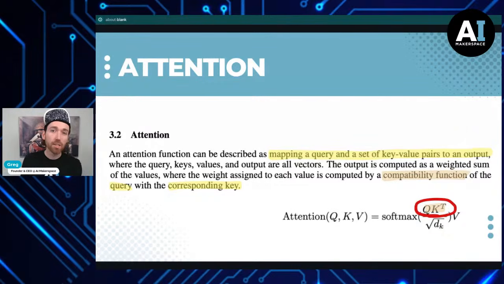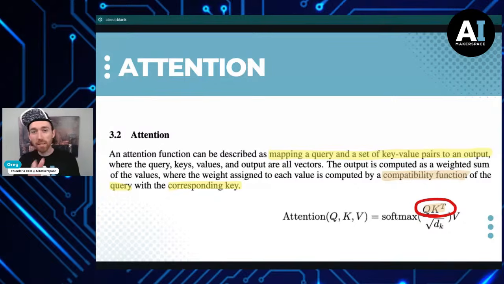Compatibility, Q times K transpose. We're sort of deciding how compatible is this new token to all other tokens in the sequence, right? How compatible is our query to all the other tokens in the sequence?